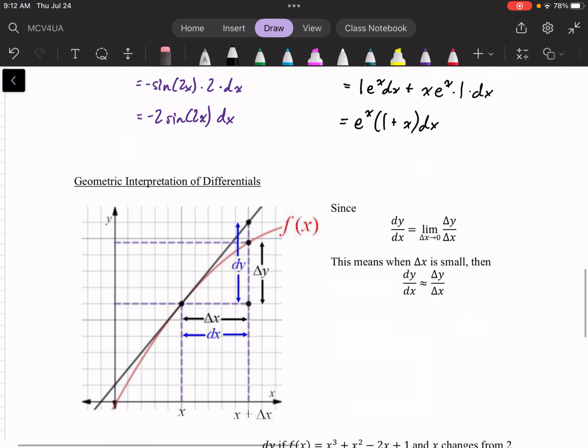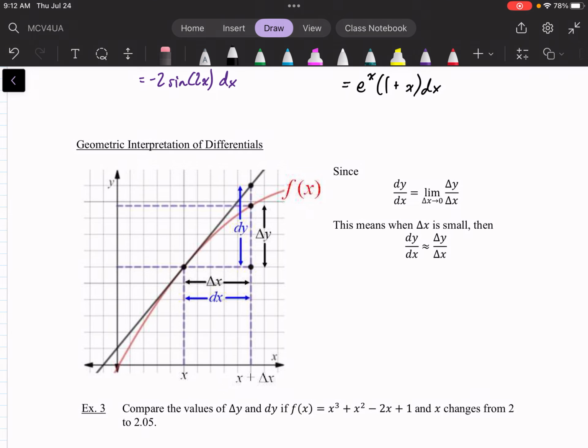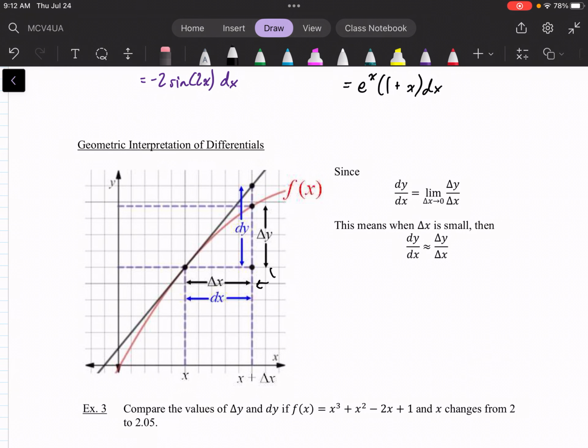Now what do differentials mean in terms of what we're actually talking about as their related rate? Okay? So as you can see, we have this function f of x as this red function, and we have the tangent at the specific spot x. Now the change in x and the change in y and how it relates to dy over dx is just a slight difference. The dx and the change in x turn out to be identical in size.